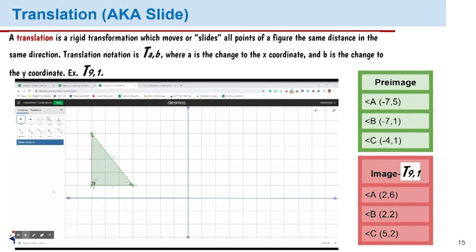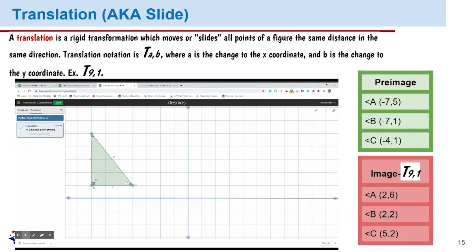In this tutorial, we're looking at a translation. Again, I already have my triangle constructed. You can see the measurements of my sides, and you can see each angle's measure. So I'm going to go to Transform. I'm going to define my transformation as a translation.